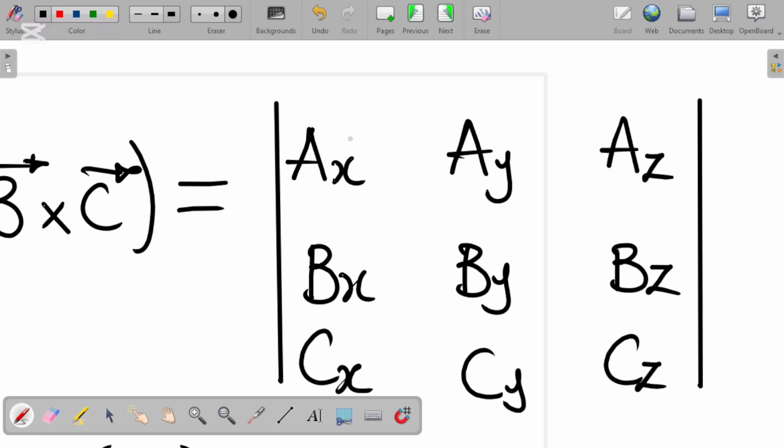These are the components of vector A, vector B, and vector C. The first column is for i, the second column is for j, and the third column is for k.